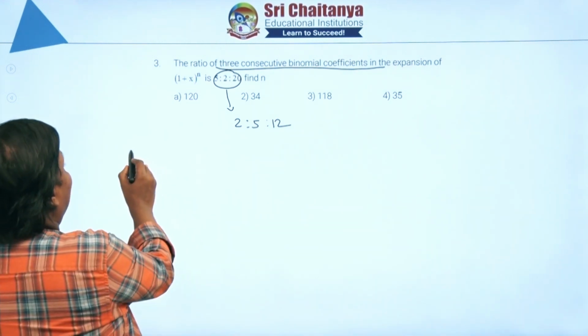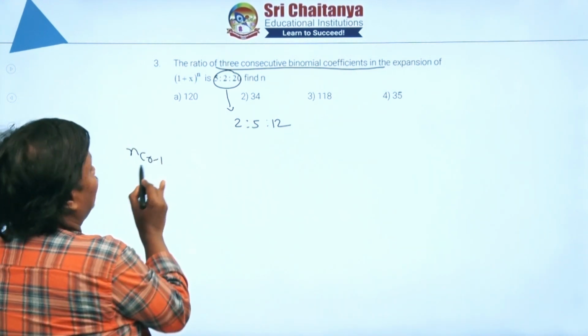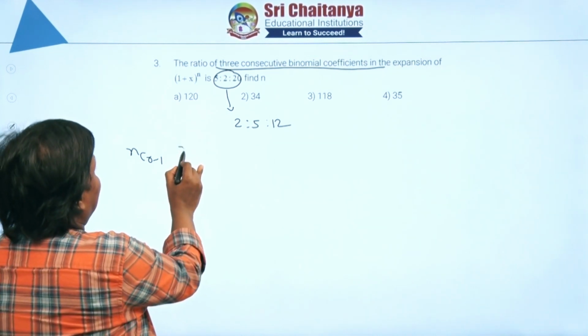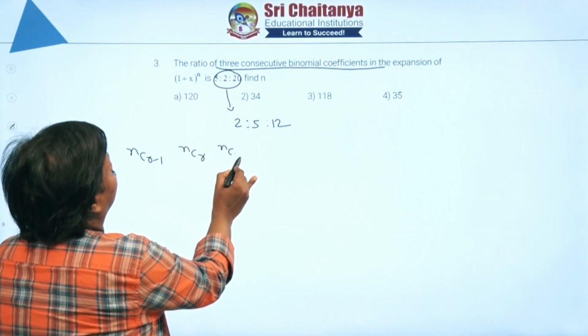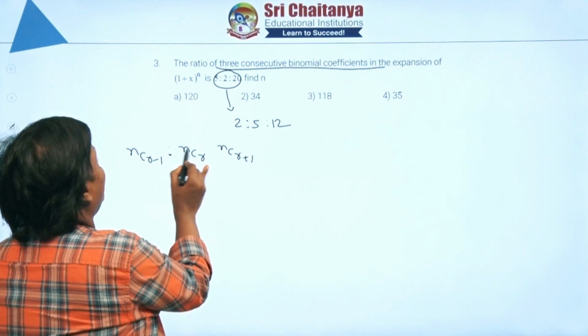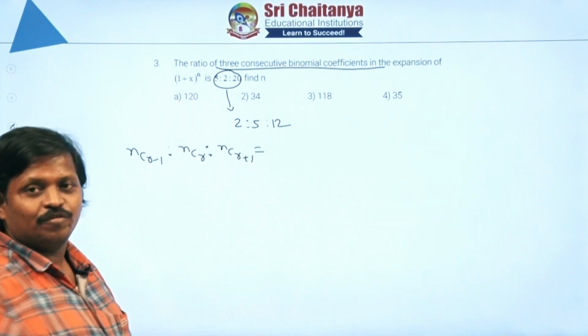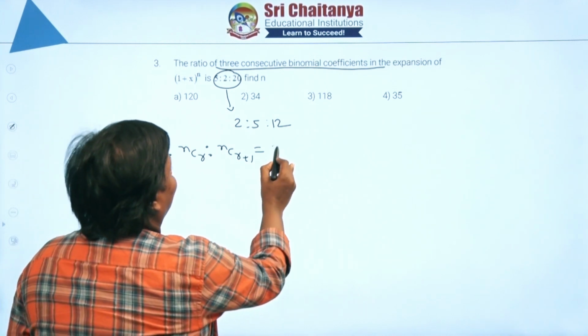So I am assuming the binomial coefficients as nCr minus 1, nCr, nCr plus 1. He gave the ratio of these binomial coefficients as 2 is to 5 is to 12.